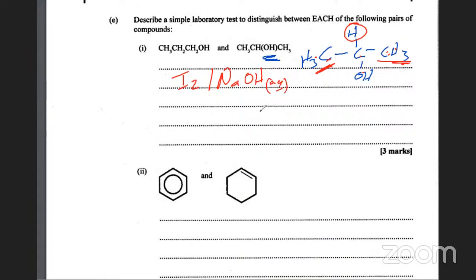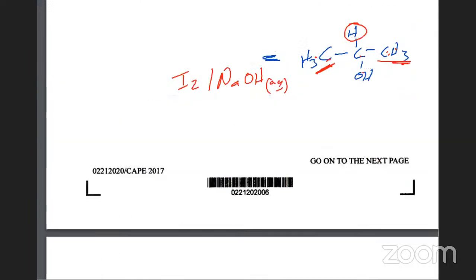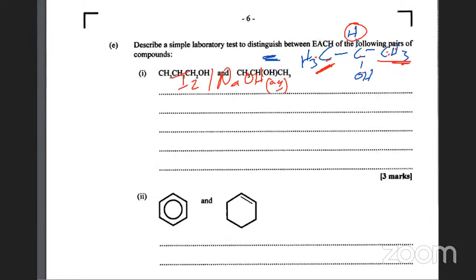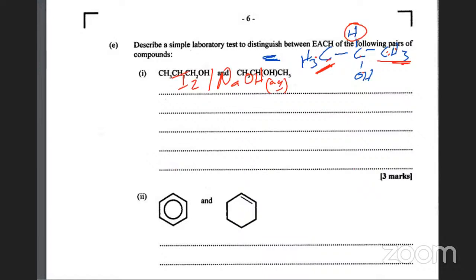Even though they did not ask you, let me just scroll and see if they asked for observation. No, they did not. But let us say they had asked for observation. What would you expect to happen to this alcohol? I'm going to call it, well, it's propanol. So what would you expect to see? What would you expect a color change for propanol?